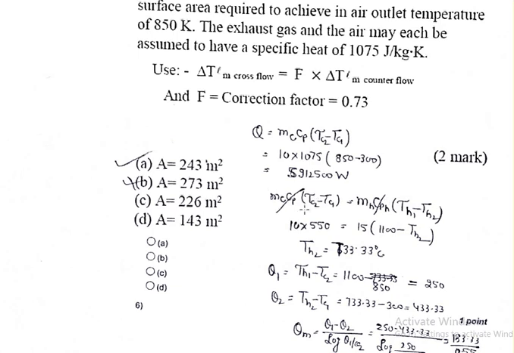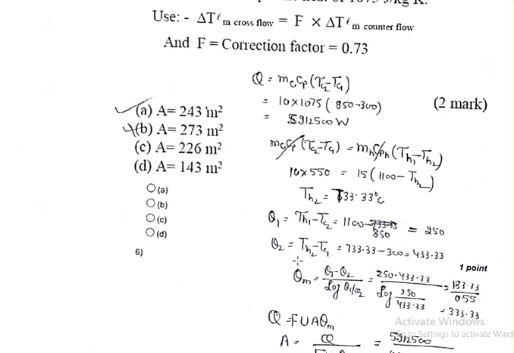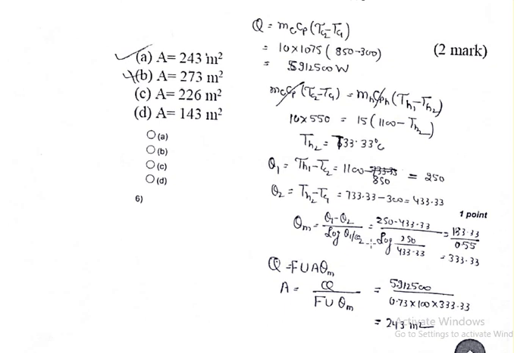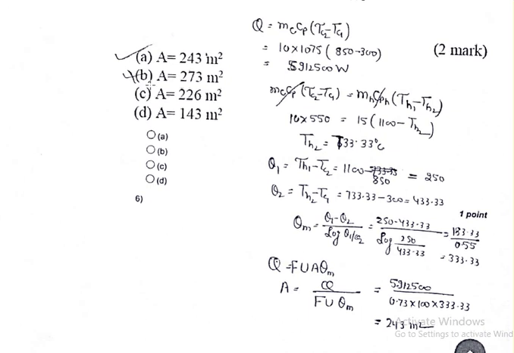This is the heat taken by the cold fluid, it is the heat given by the hot fluid. So here we will get theta m 333.33, and when we apply it for the total heat transfer F U A theta m, A we will get 243 meter square. So option A is correct.